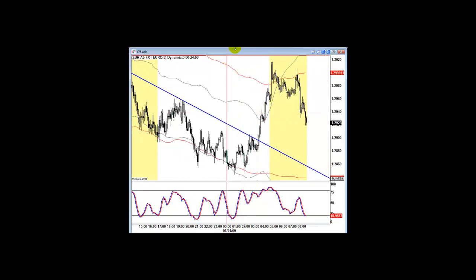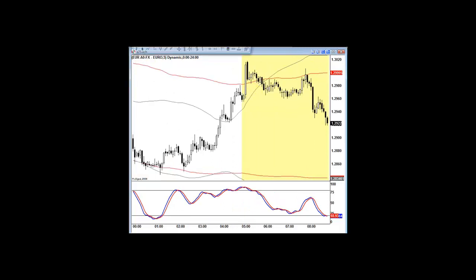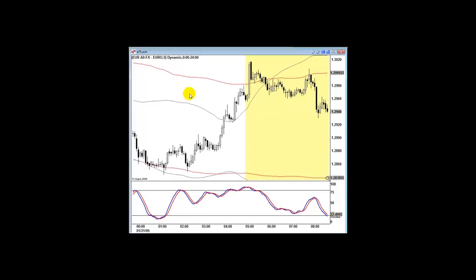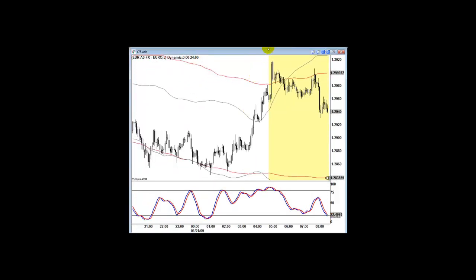And now we get to where we are today with probably the best example, which is very fortunate. And I can just reset that. Here's the start of today, and remember we had this very neat trend line coming up from there to there.